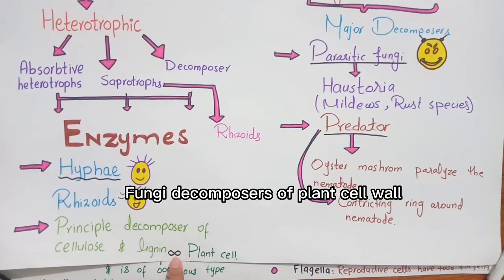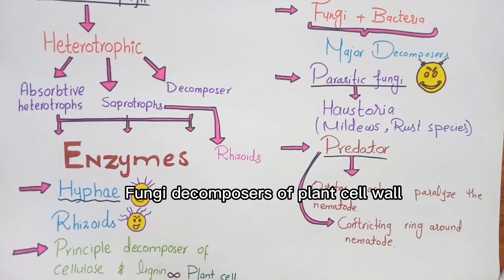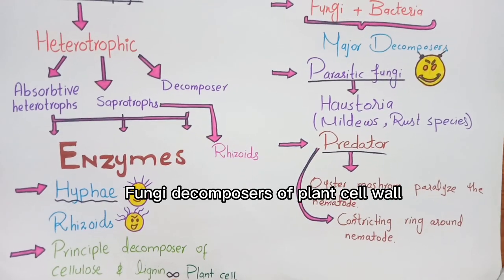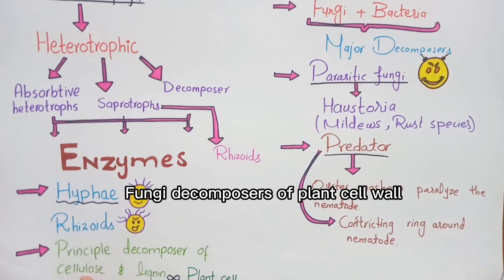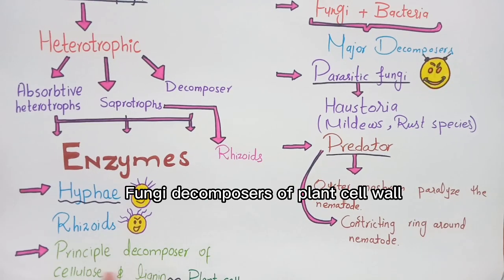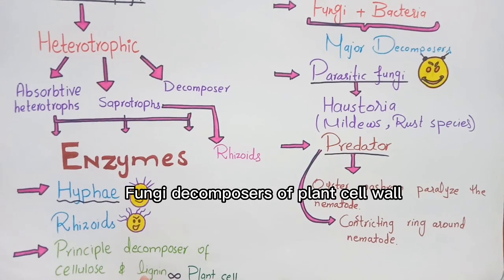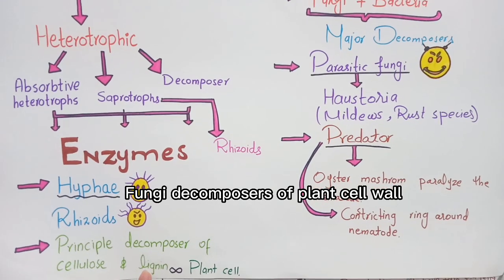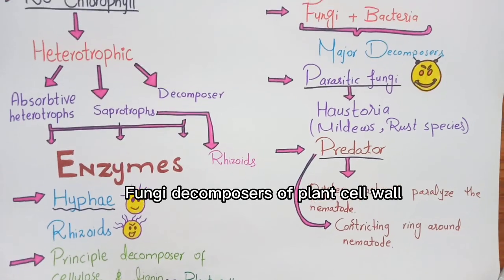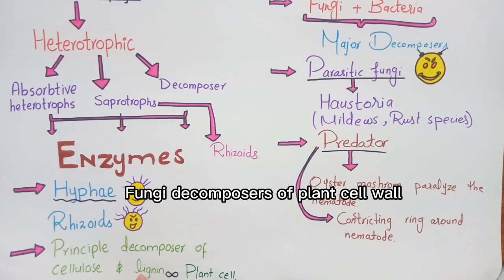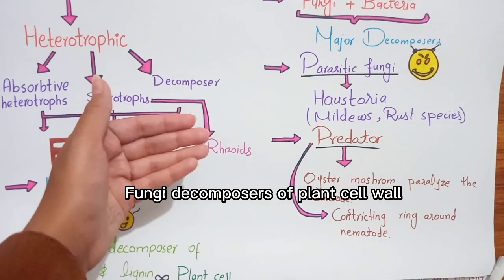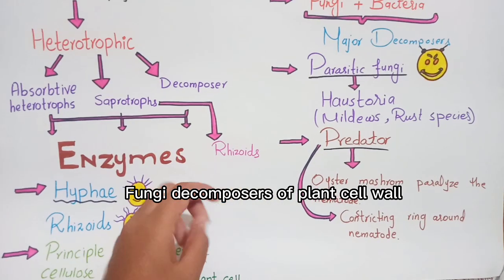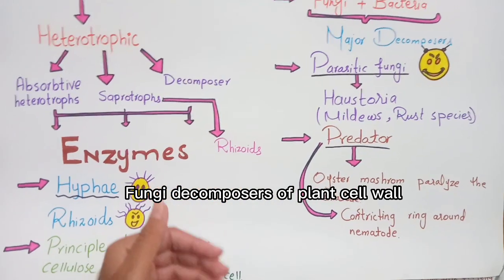So fungi also decompose the plant cell wall. How? Because they are major decomposers of cellulose and lignin. Cellulose and lignin are the major components of the plant cell wall. Okay. So in short, fungi easily attack plants by breaking their cell wall, which is made up of cellulose and lignin.